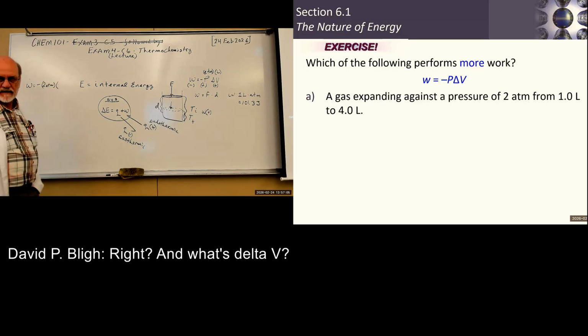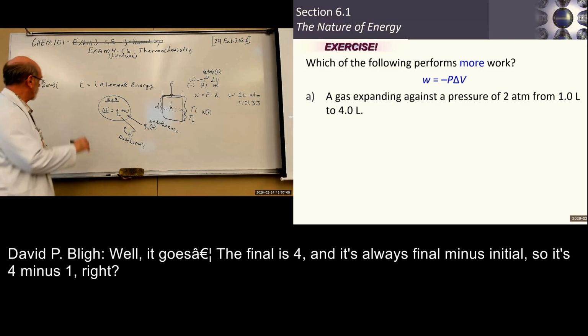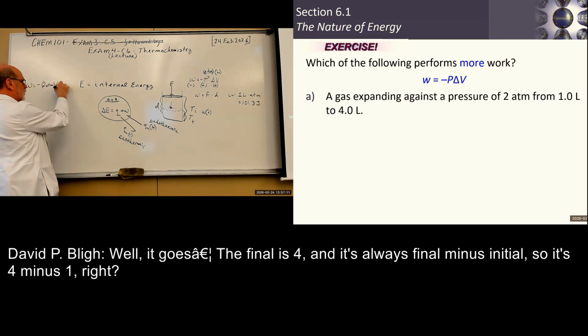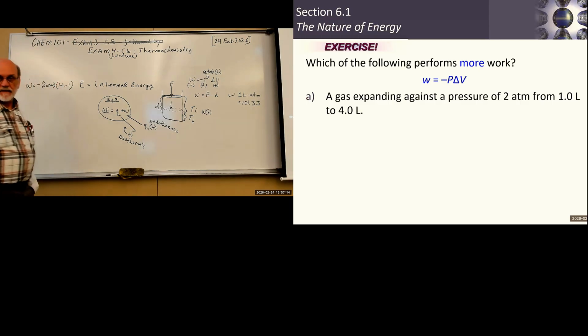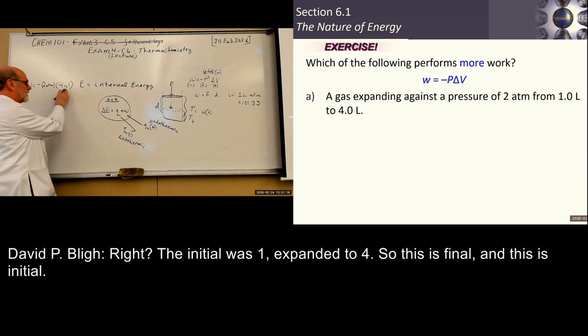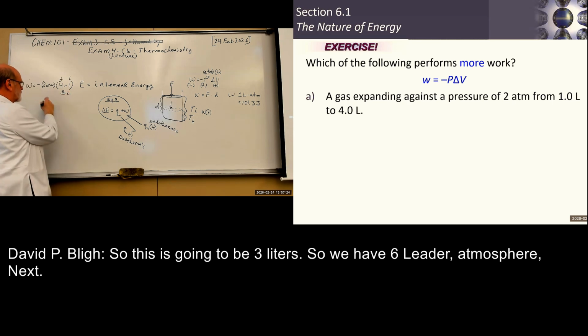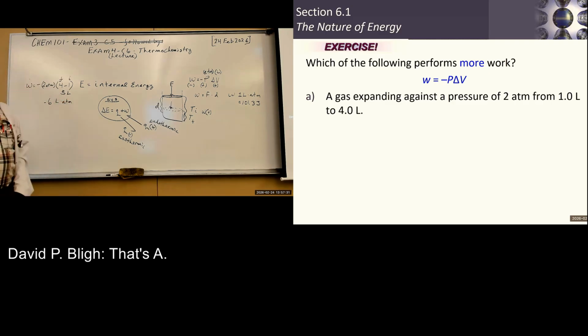And what's delta V? Well, the final is 4, and it's always final minus initial, so it's 4 minus 1. The initial was 1, expanded to 4. So this is final, this is initial. So this is going to be 3 liters. So we have negative 6 liter atmospheres. That's A.